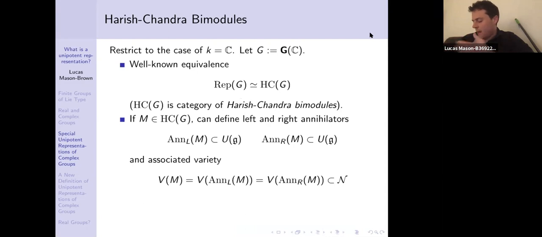If you have a Harish-Chandra bimodule, you can consider the left and right annihilators. These are two-sided ideals in the universal enveloping algebra.